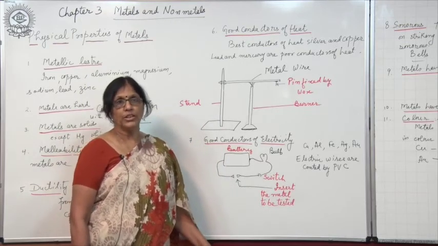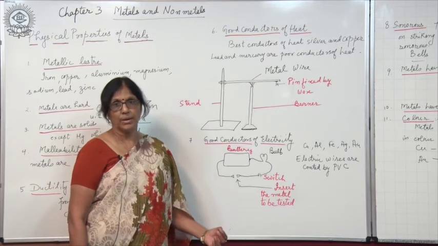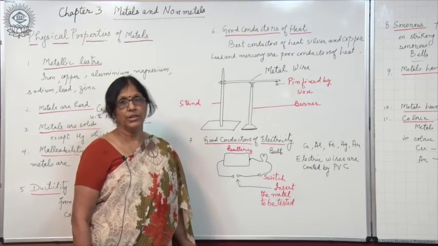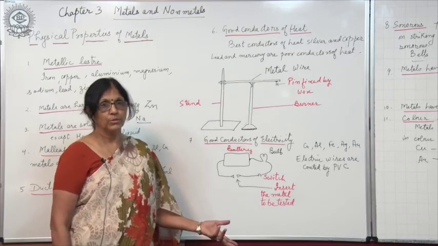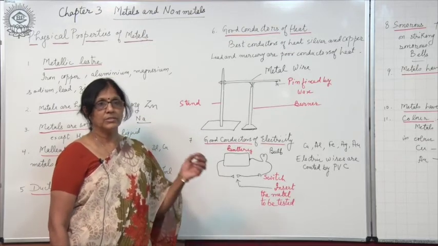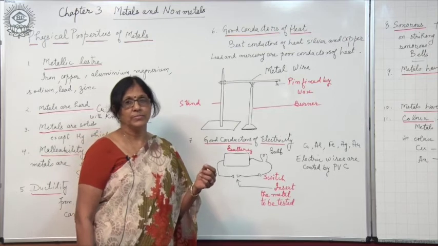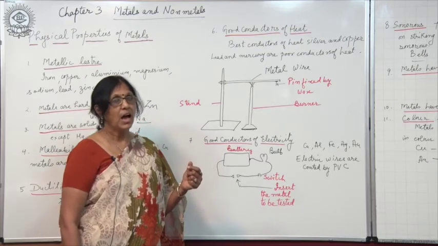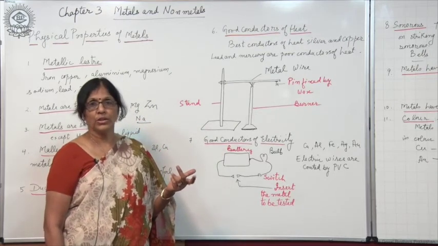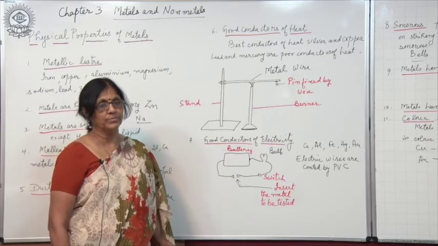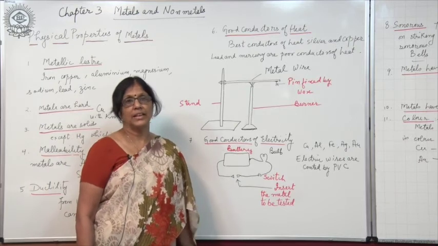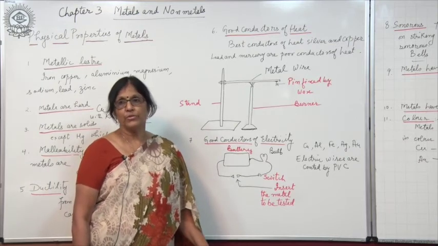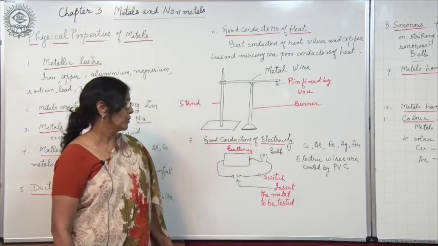They are generally coated by a layer of either rubber or PVC, polyvinyl chloride, because rubber and PVC are insulators. They do not allow the electric current to pass through them, and so a person handling these wires can be saved from being electrocuted.